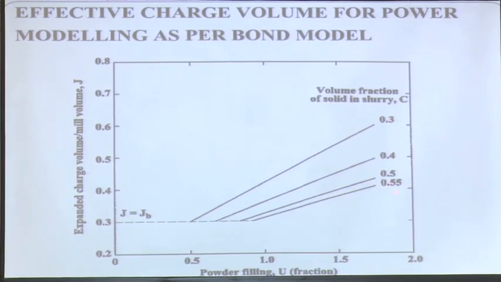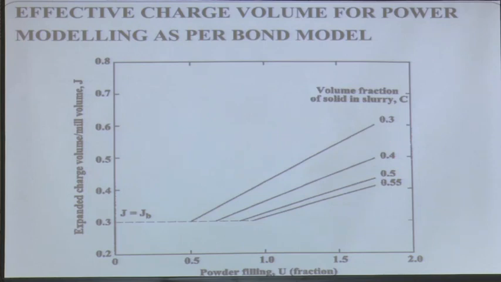Now, for different slurry specific gravity, slurry loading or volume by volume fraction, normally we operate in this zone, and if I consider U as the normal filling, then you come to that region of 35%. So, as if your charge has expanded, and that is the charge you consider for modeling the power, because physically they got to lift that weight. Is it clear to all?